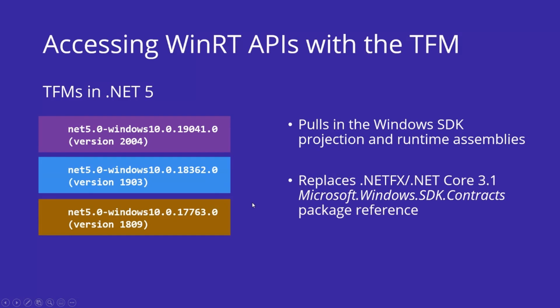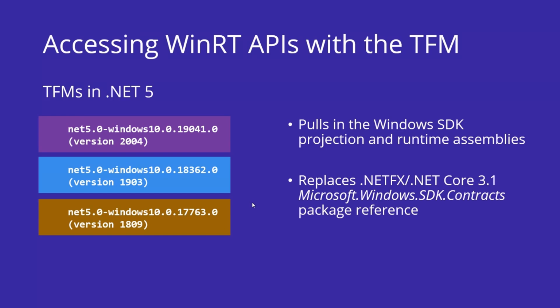All right, so going a little more into detail with accessing WinRT APIs using the TFM. The TFM is a project property that you would specify in your .NET 5 apps. To use it, you target a specific Windows version, and by doing that, you get all the APIs available on that specific version.